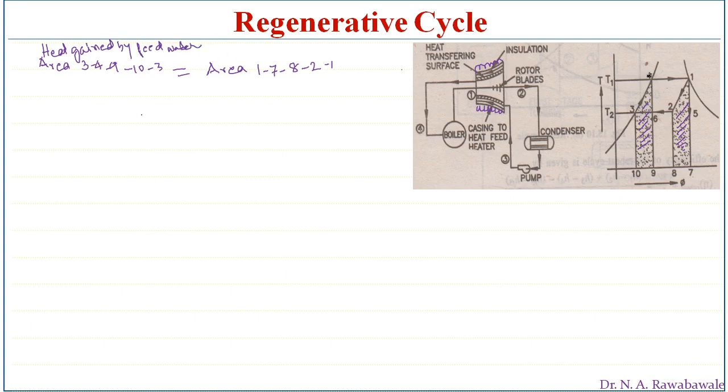Feed water gains this much amount of heat, whereas the heat lost by steam is the area 1 7 8 2 1. Heat lost is equal to heat gained. Therefore, this type of heating arrangement gives an efficiency equivalent to the Carnot cycle efficiency.